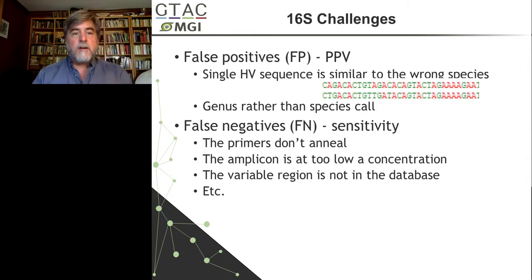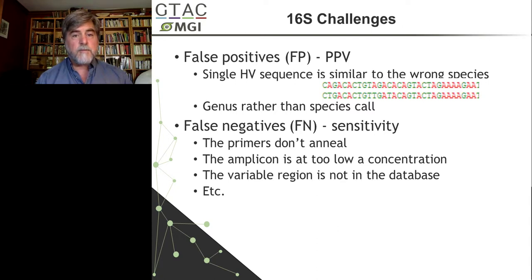So in the case of using amplicon sequencing for microbiome work, the cause of false positives can be, especially when you're using a single hypervariable region rather than all of them, that even though I've told you that the hypervariable region can be different from species to species, sometimes, especially within a genus, the hypervariable region can be so similar that the caller will mistake the species or not be able to identify the species and will provide a genus rather than a species.